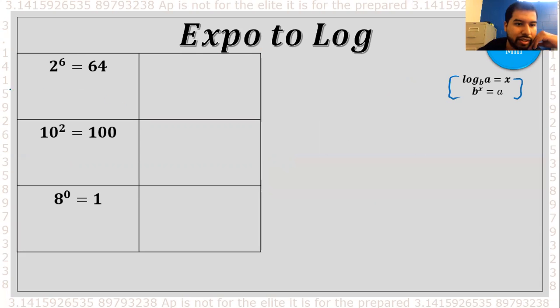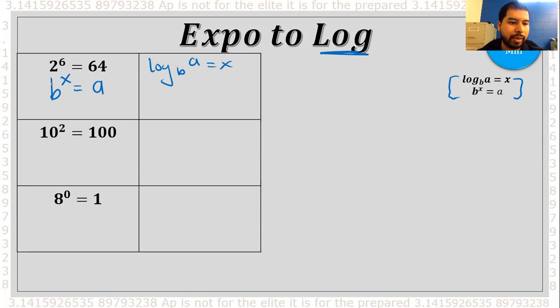So this right here is b to the x is equal to a. And I want to convert it to a log. So there's going to be a log in the form of log base b of a is equal to x. So all I have to do really is plug it back in and that should work. But keep in mind that is memorization and it tends to not help you as much.